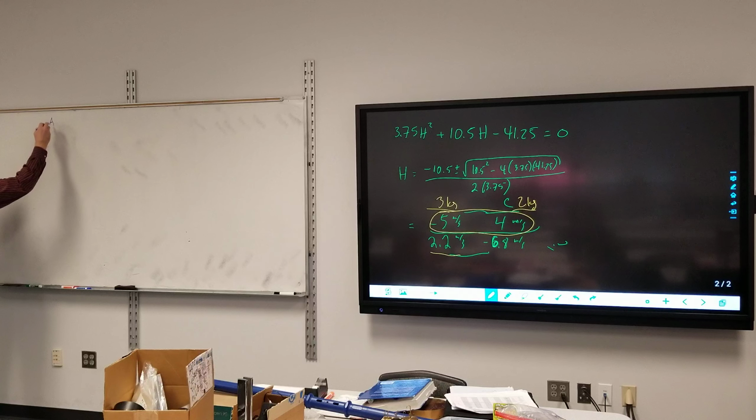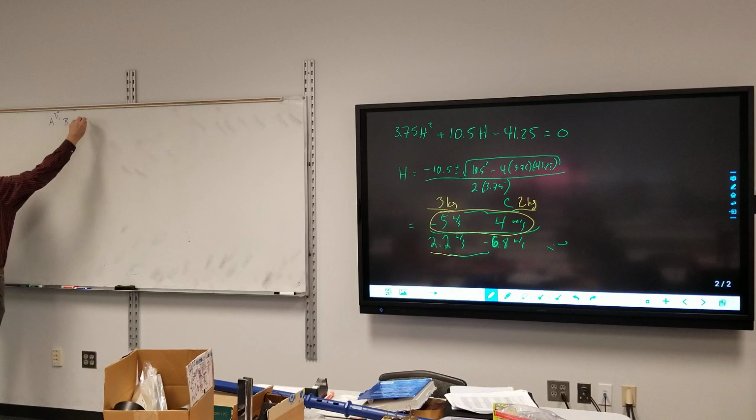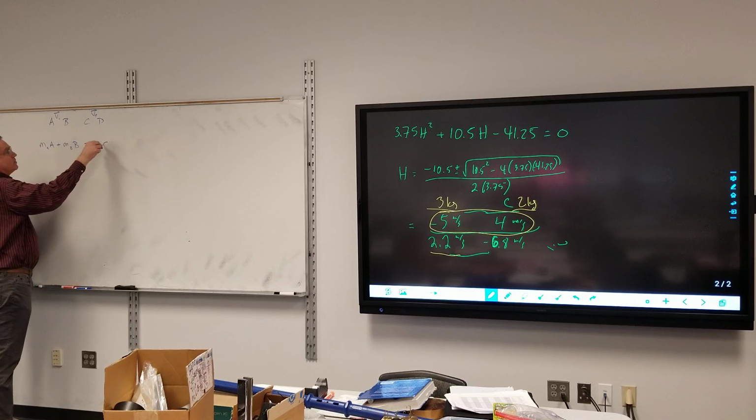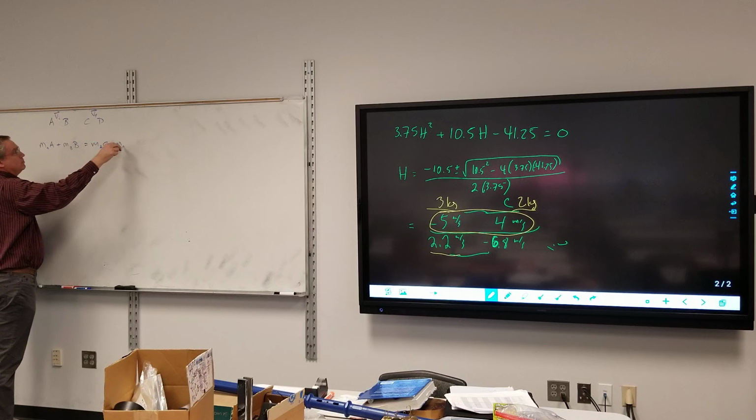These are the velocities initially, and I'm going to use C and D for the final velocities, so I don't have D defined as anything. So I have m1 A plus m2 B, the total momentum beforehand, is equal to m1 C plus m2 D. I'm going to change that to 1 and 2, that just makes more sense to me right now.